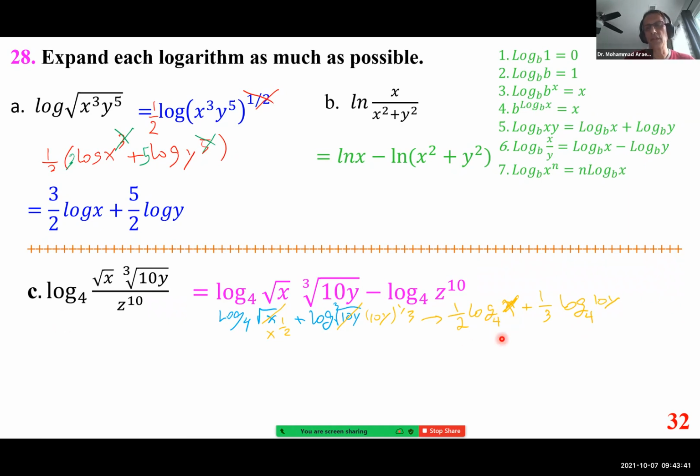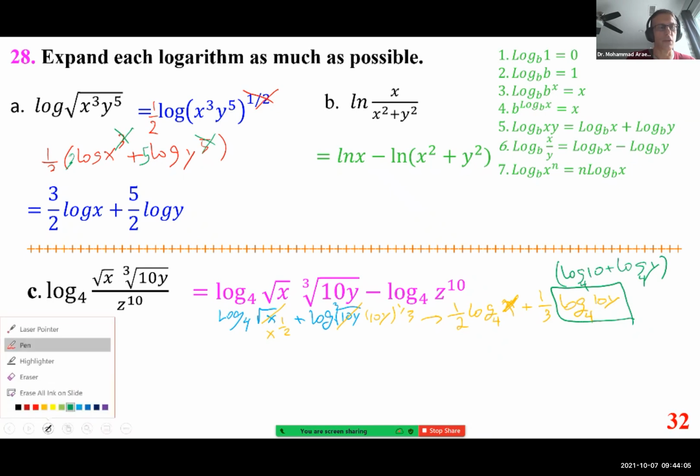So this piece is done. This piece, we can separate into log 10 plus log y. Both of them have the same base, namely 4. And now let's finish the job.